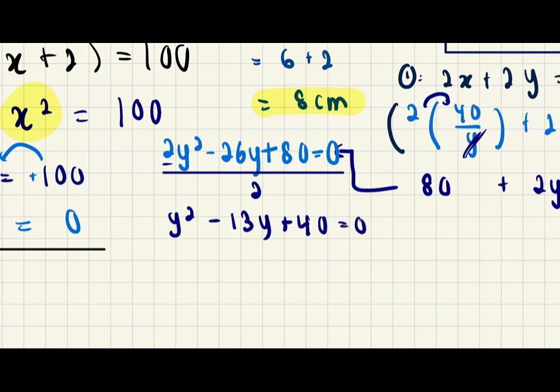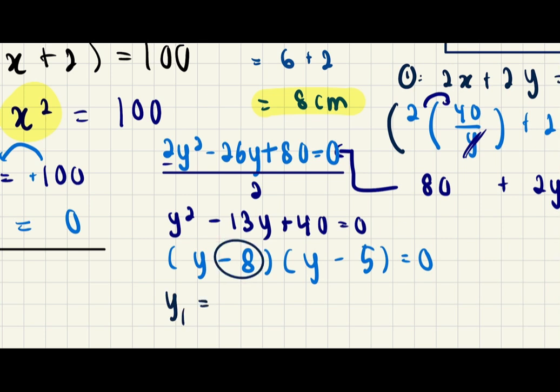Now that you have no number in front, you can factorize this. You get (y minus 8)(y minus 5) equals 0. When you want to get the value, you must change the sign. y1 equals 8, y2 equals 5. So there are two possibilities, because both are positive.